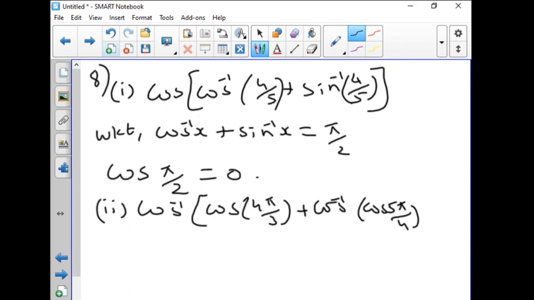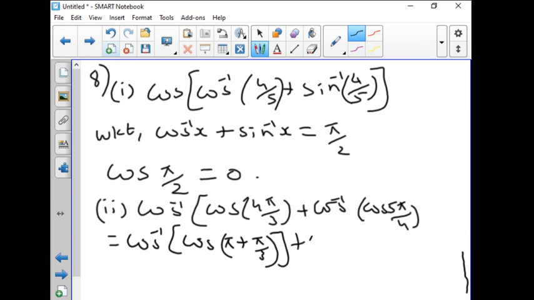Similar we have done in 4.1. Okay, 4 pi by 3, how will you write? Cos inverse of cos pi plus pi by 3. How will you write 5 pi by 4? Cos pi plus pi by 4.